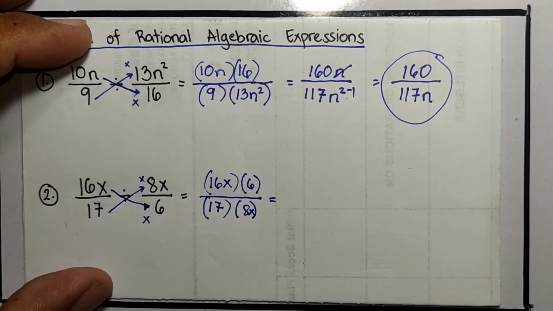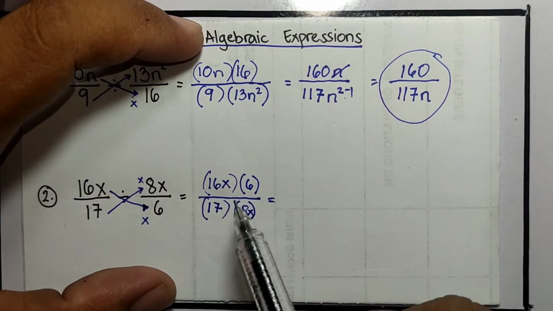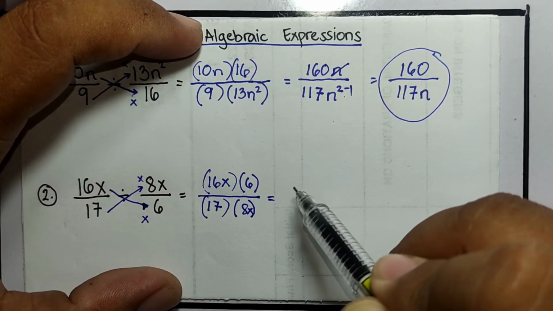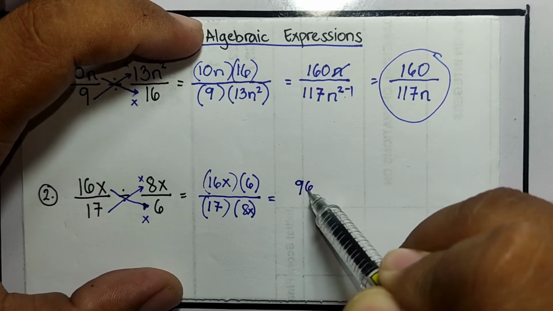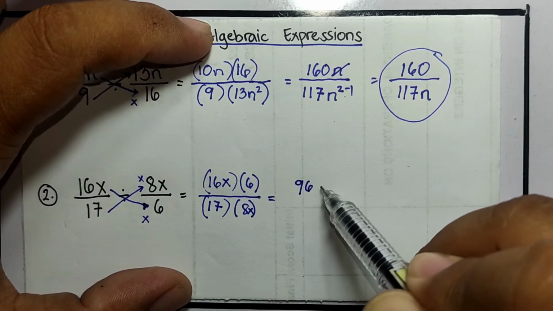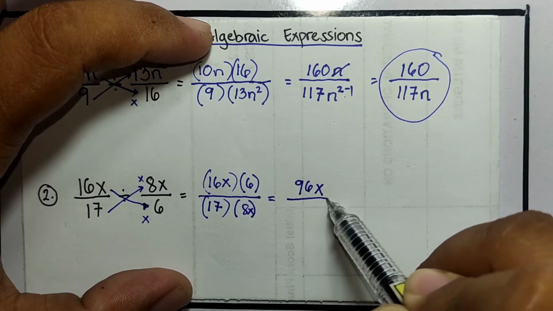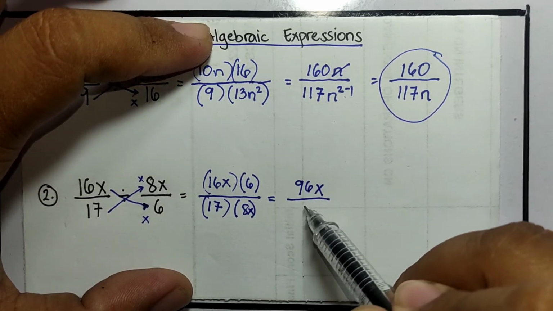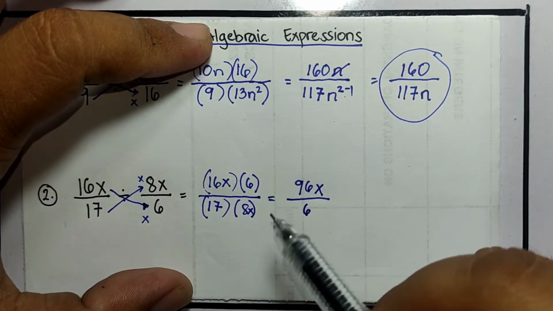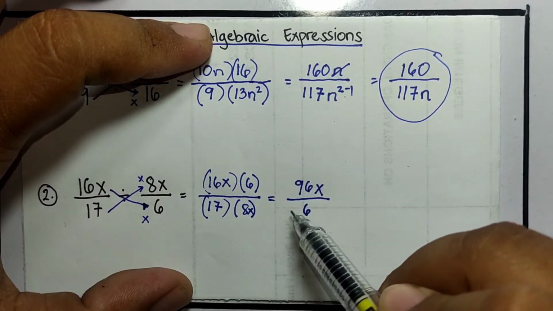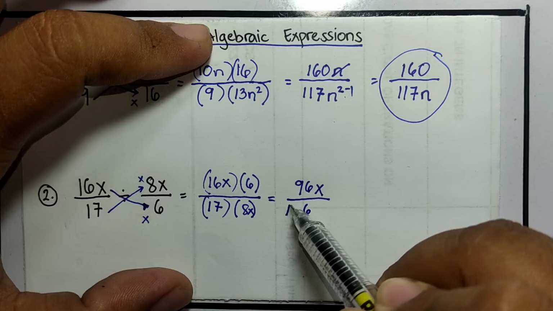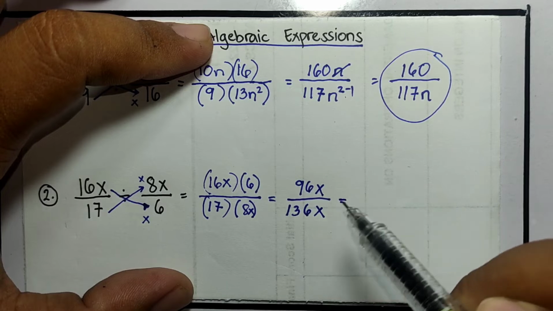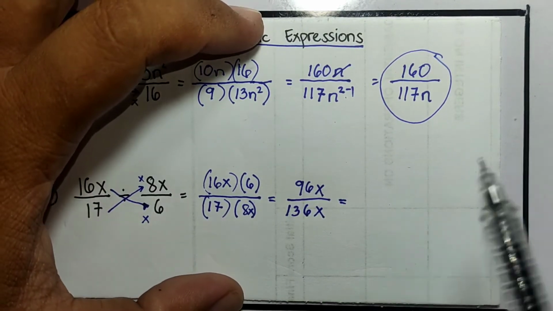Equals 16 times 6, we have 96x, over 17 times 8, 136x.